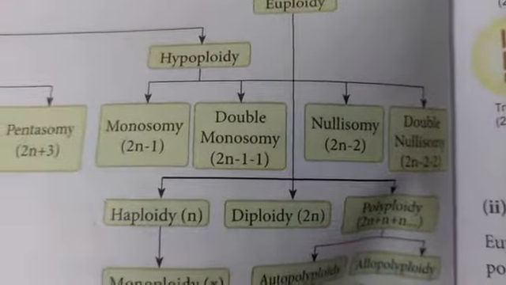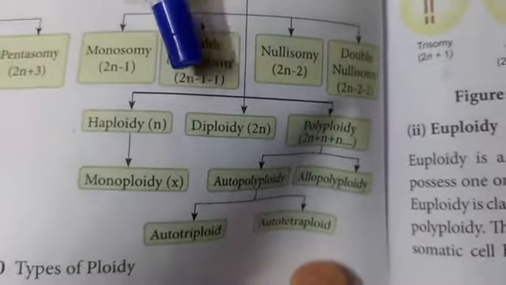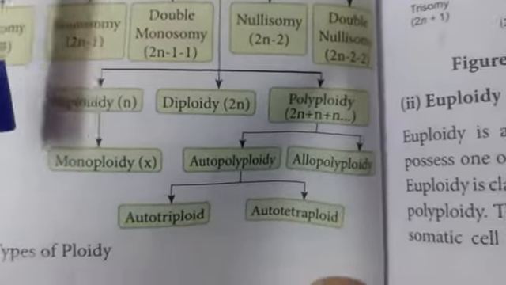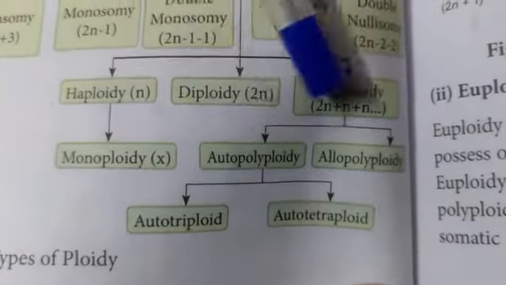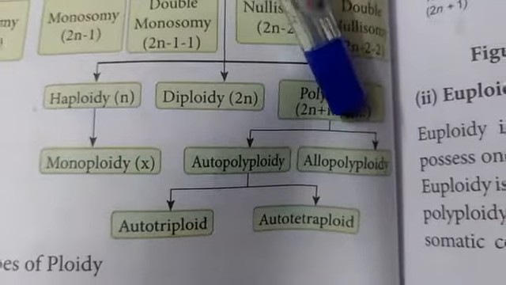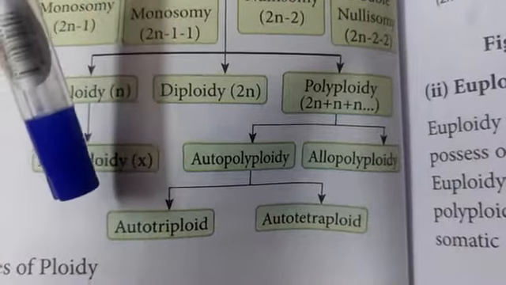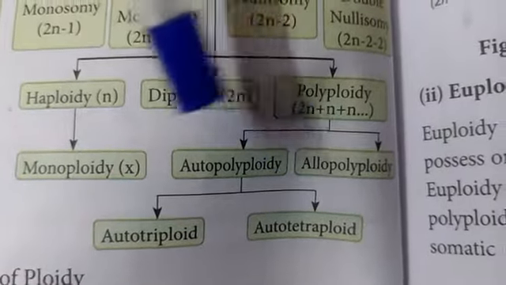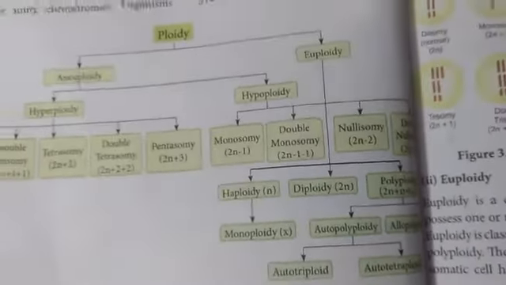Euploidy is divided into haploidy, diploidy, and polyploidy. Haploidy means monoploidy. Polyploidy is again divided into autopolyploidy and allopolyploidy. Autopolyploidy is again divided into triploidy and tetraploidy. There are different types of ploidy.